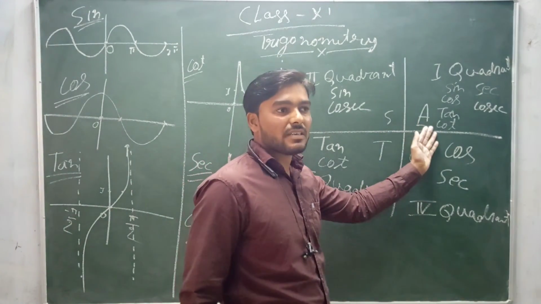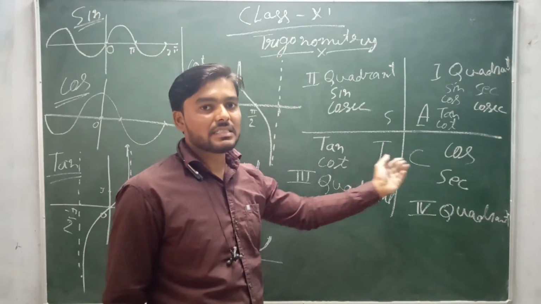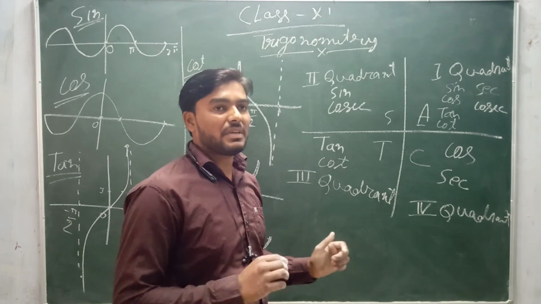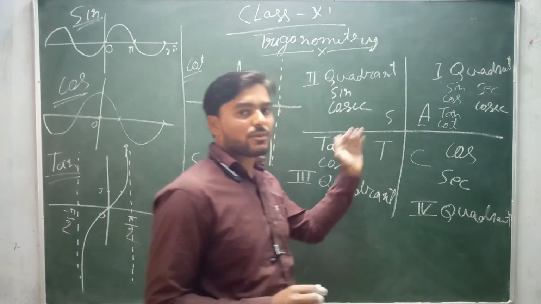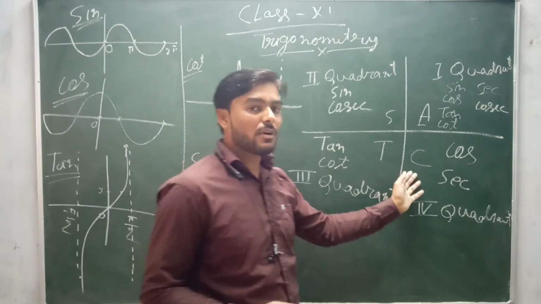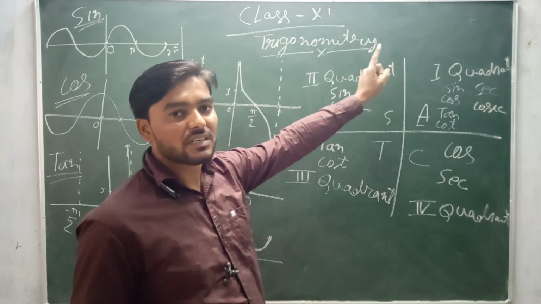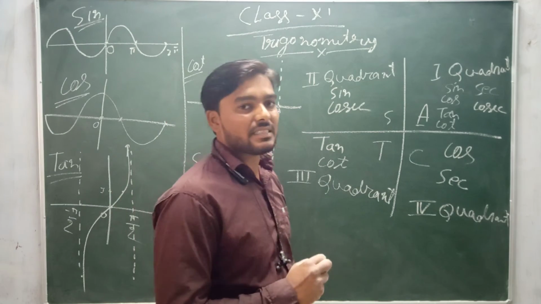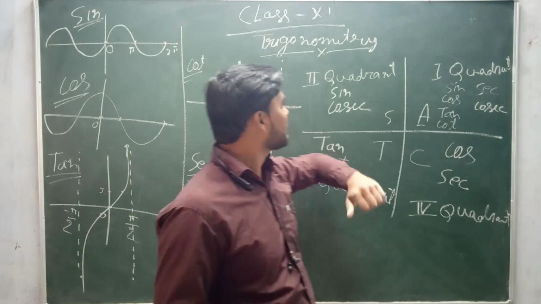A for all, S for sine, T for tan, C for cos, and with the reciprocals both will be positive in that quadrant. All 6 trigonometric functions, sine, cos, tan, cot, sec, cosec, will be positive in the first quadrant.